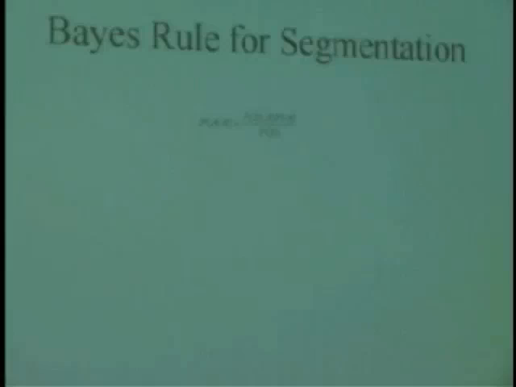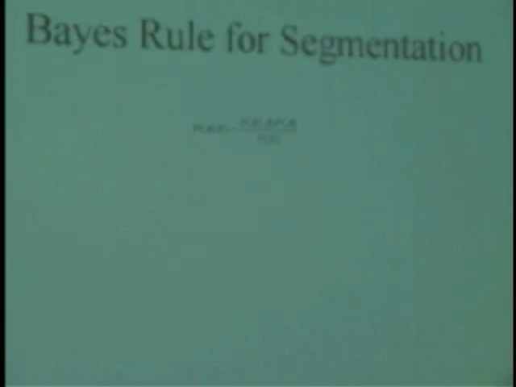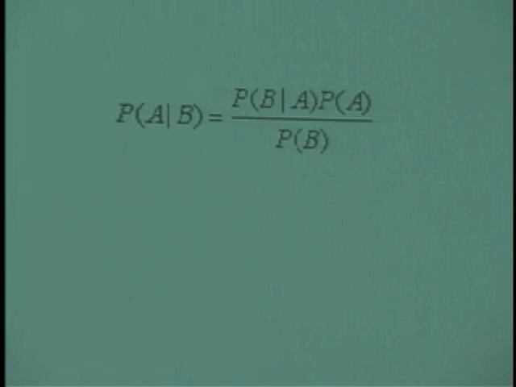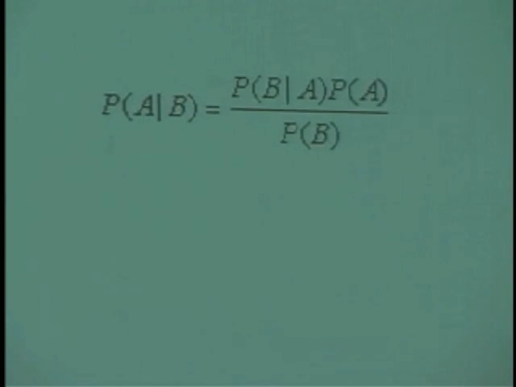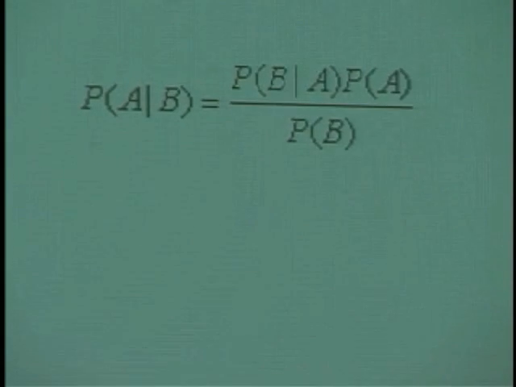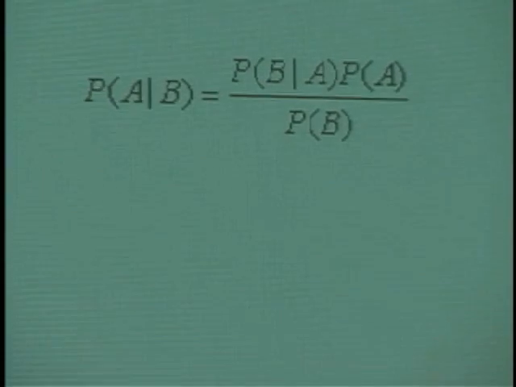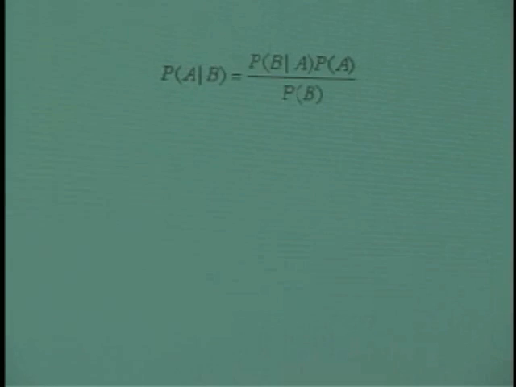Okay. All right, so in order to be able to actually go through the mechanics, I'm going to revisit Bayes' rule one more time. This is the standard form that you've seen earlier in this class. What I'm going to do next is make specific definitions of the events A and B so that we can use this for segmentation.